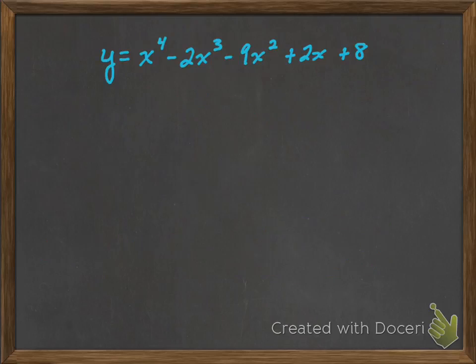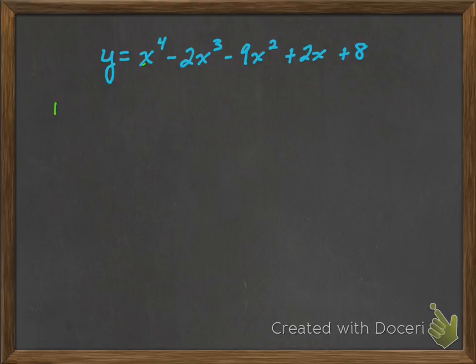Now there's a nice little theorem in algebra called the remainder theorem, and the remainder theorem says that whatever value we substitute in for x can also be found by looking at the remainder from synthetic division.